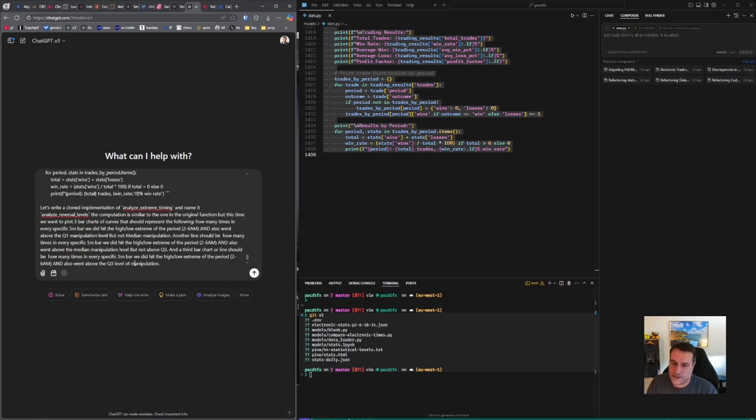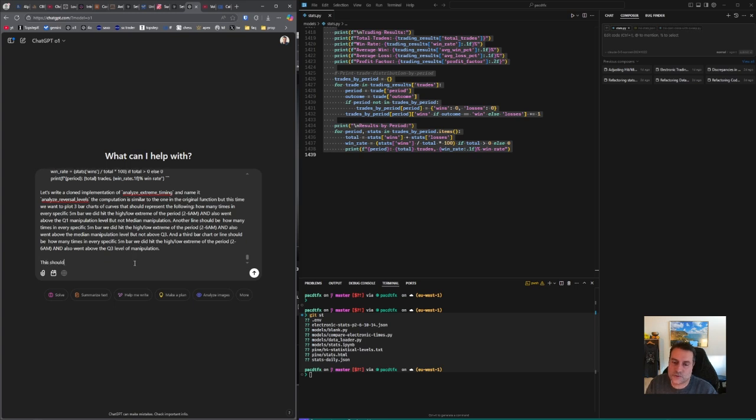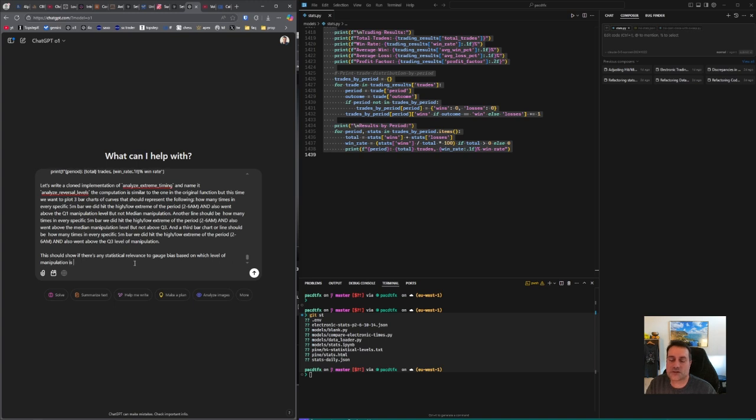This should show if there's any statistical relevance to gauge bias based on which level of manipulation is hit at which time. Please write the function.